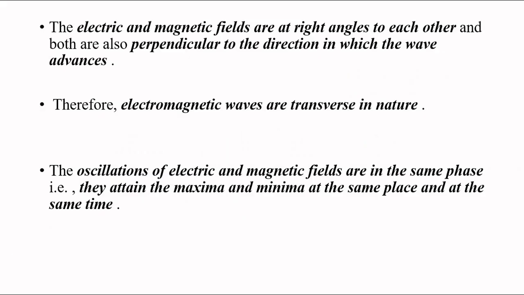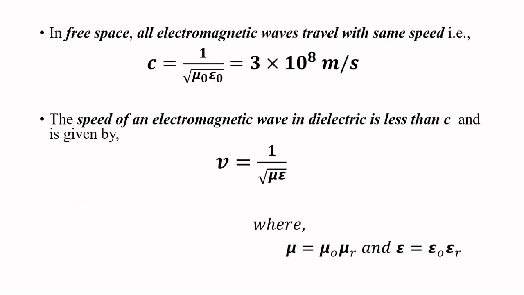Then another property: in free space, that is in air, all electromagnetic waves travel with the same speed, which is the speed of light, 3 into 10 to the power 8 meter per second, and it is expressed by the expression 1 by root over of mu 0 epsilon 0, where mu 0 is the absolute permeability, 4 pi into 10 to the power minus 7, and epsilon 0 is the absolute permittivity, 8.854 into 10 to the power minus 12.